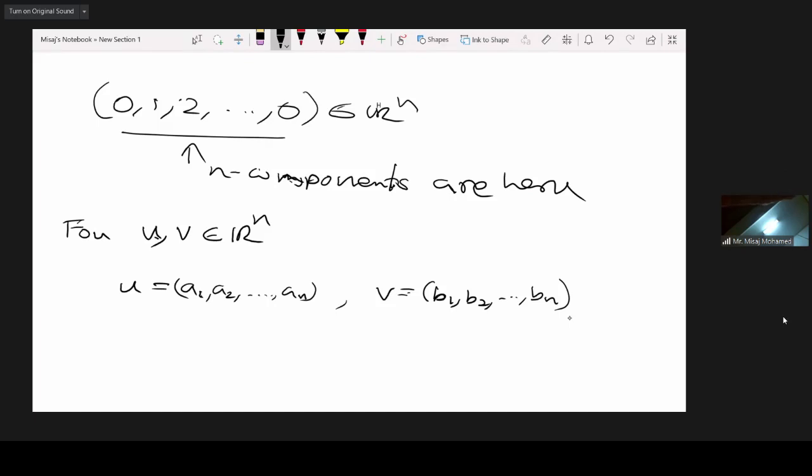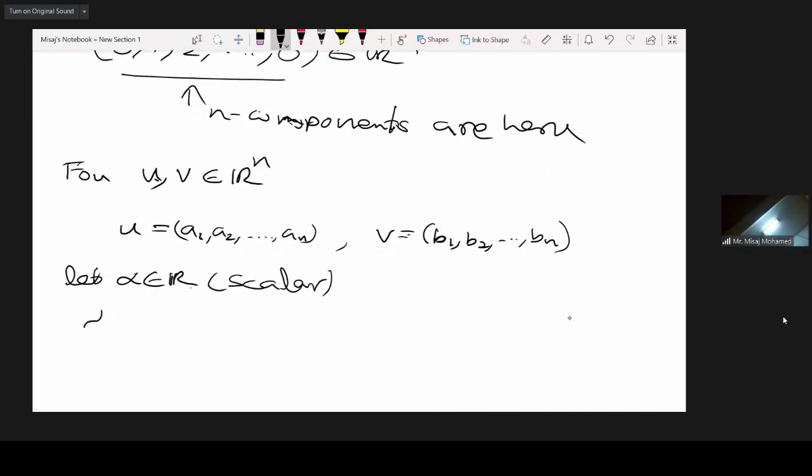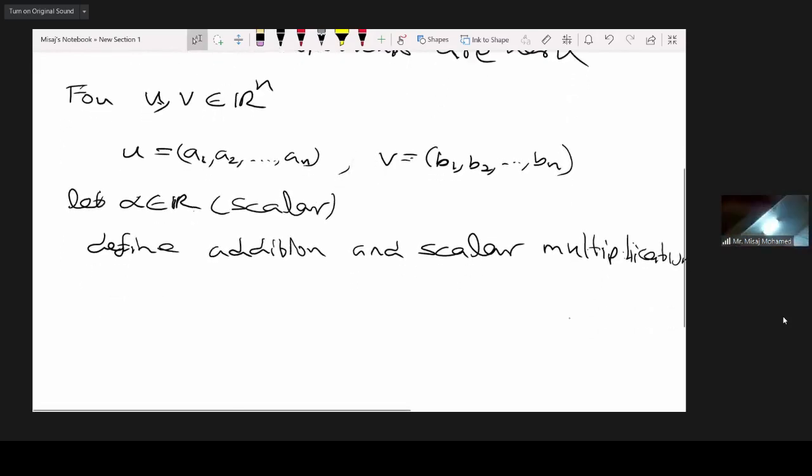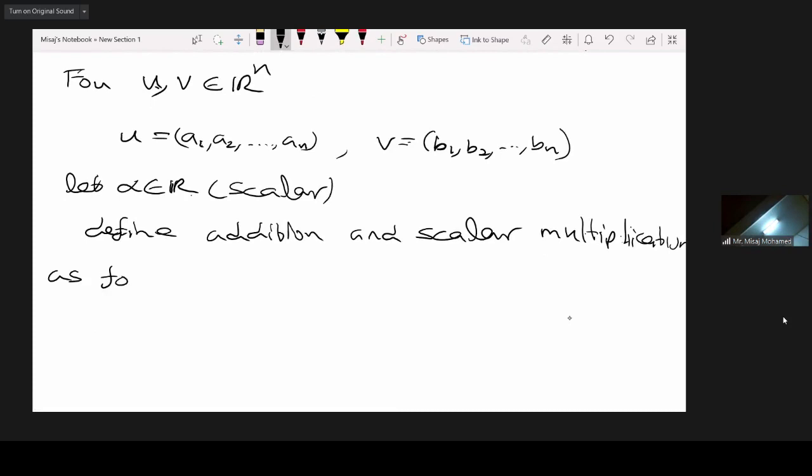So let alpha be any scalar in R. Now define addition and scalar multiplication as follows. u plus v, the vector addition, is (a1, a2 up to an) plus (b1, b2 up to bn).